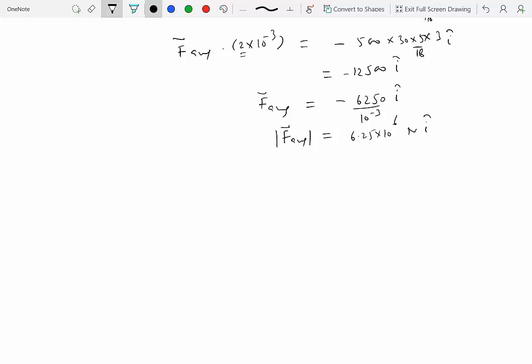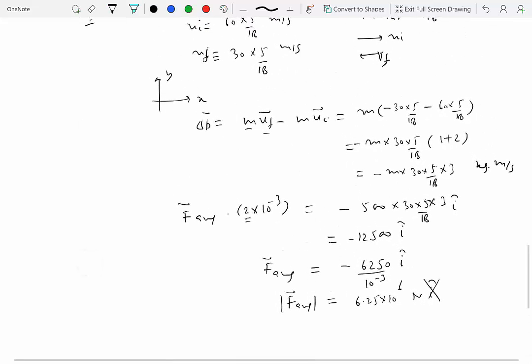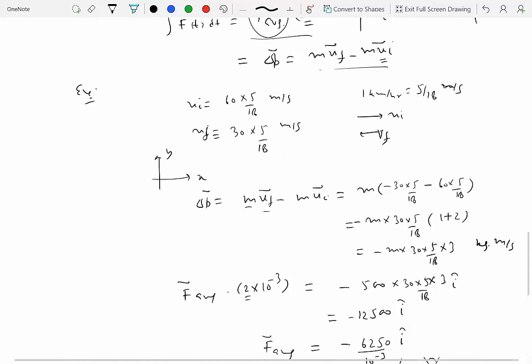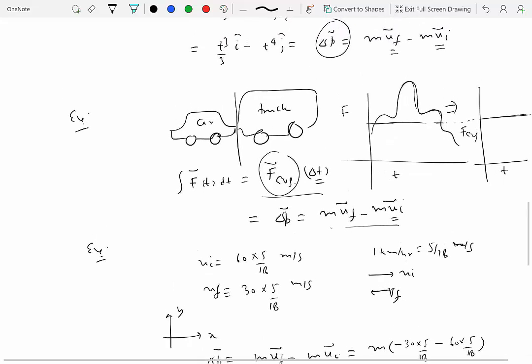And this is the magnitude, so we'll get rid of this i hat. That's 6.25 mega Newtons. That's a very large force that acted on the car. And what we're saying is that this is actually a lower bound, right? So this is at least the amount of force that acted on it. In other instances during the impact, we know that the forces would be higher than this actually.